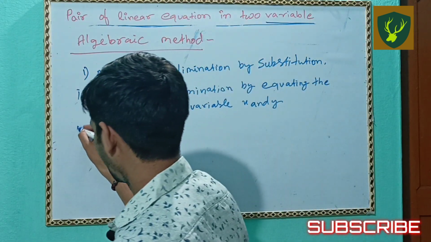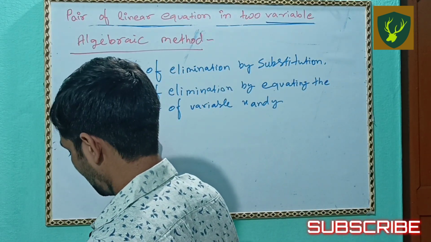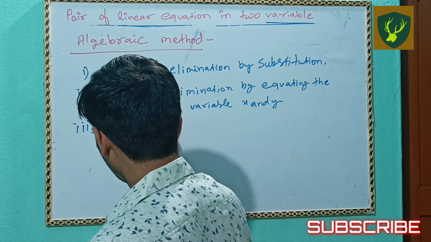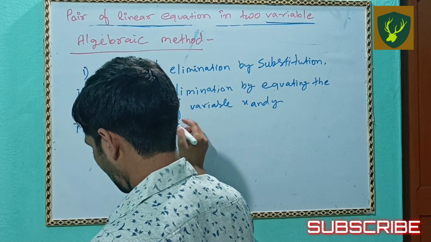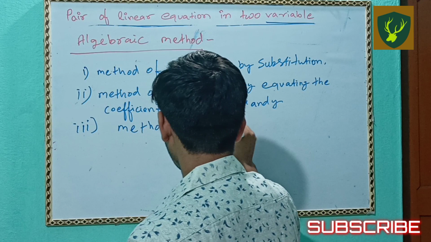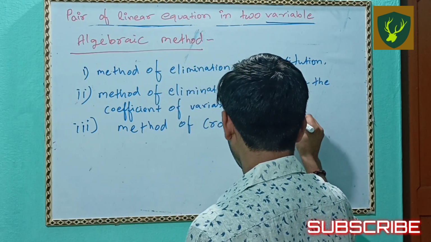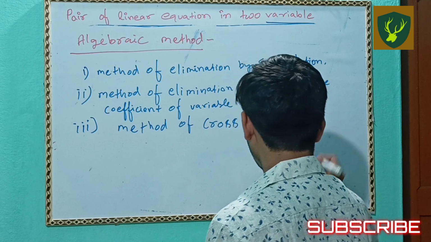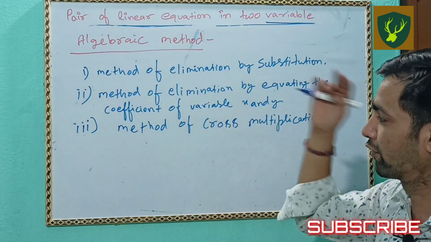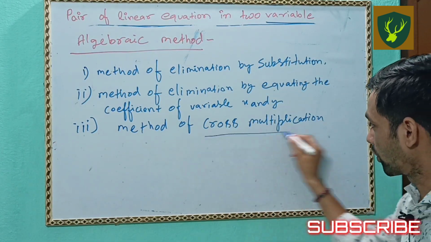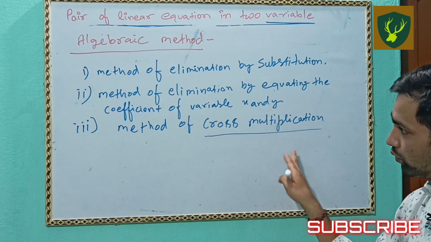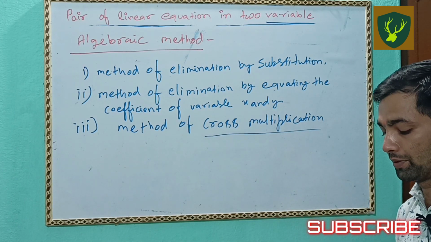And the third one is method of cross multiplication. We have already studied cross multiplication in class 7, and here also we will study the cross multiplication method.